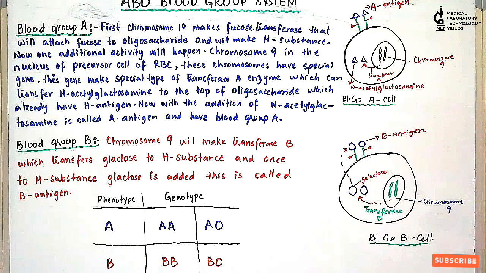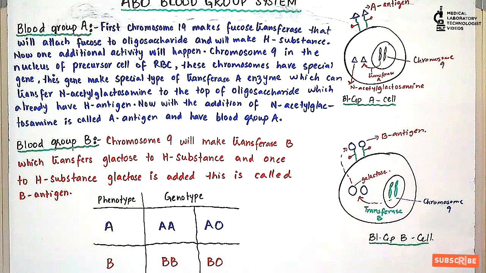Because, as we said, there are two chromosomes 9, one from the mother and one from the father. For example, if the mother's chromosome 9 has a functional gene at the specific locus, it will produce transferase A, but if the gene on the chromosome from the father is non-functional, it will not produce transferase A enzyme.